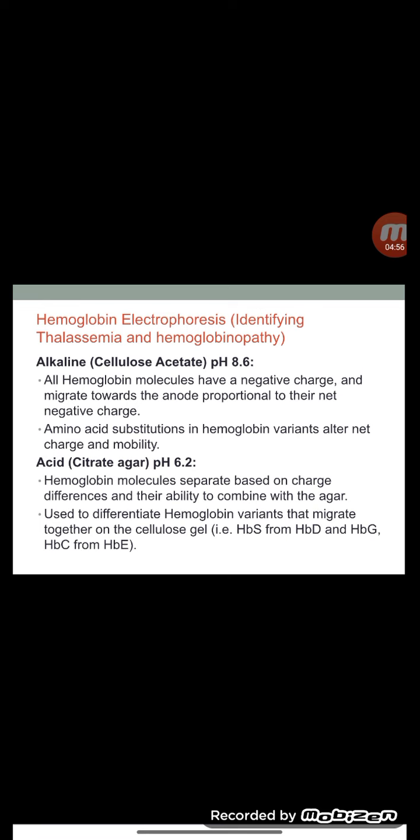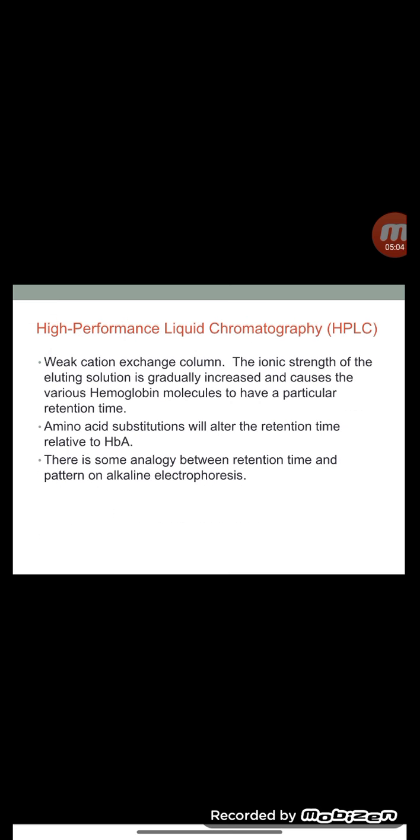There are two types of hemoglobin electrophoresis. One is alkaline extraction, the other one is acid extraction. Next one is high performance liquid chromatography or HPLC, which is done more commonly nowadays, and this is done using a weak cation exchange column.